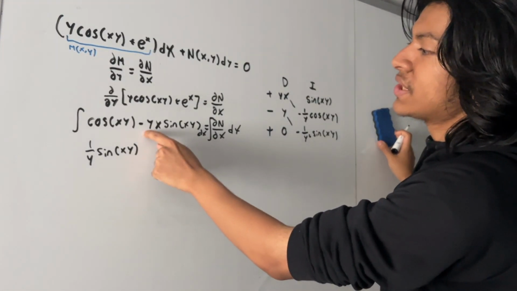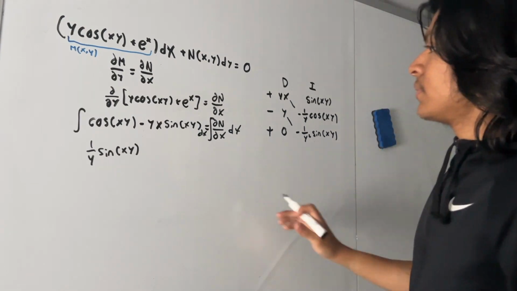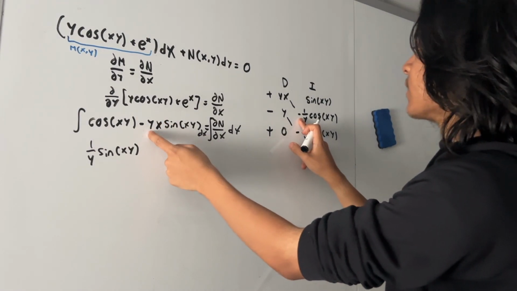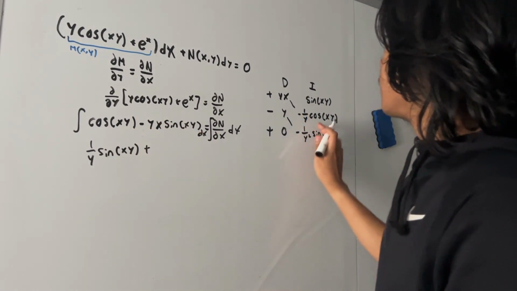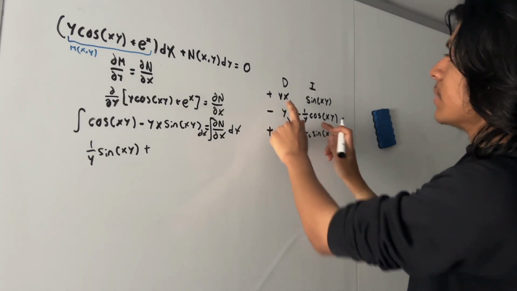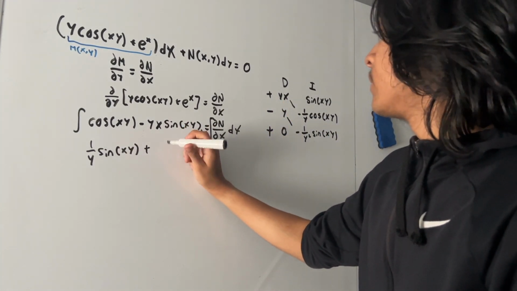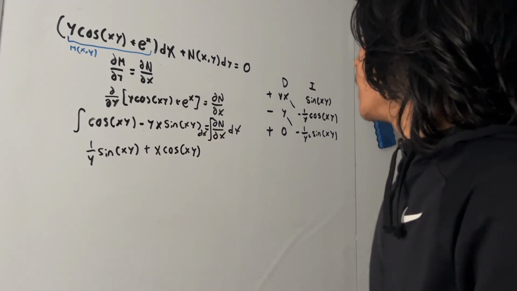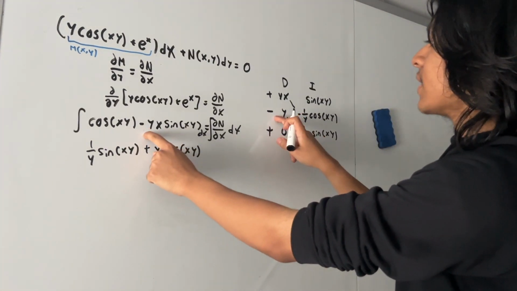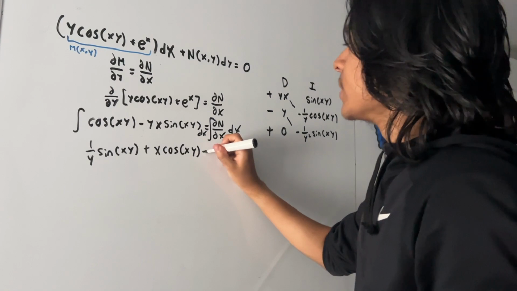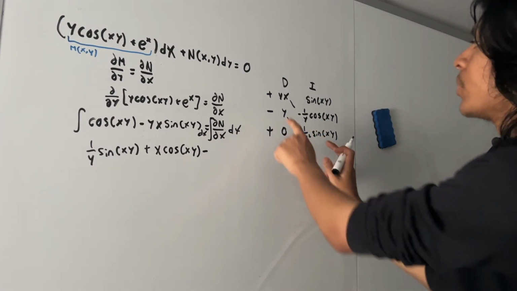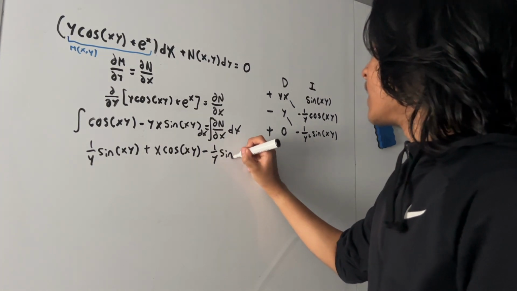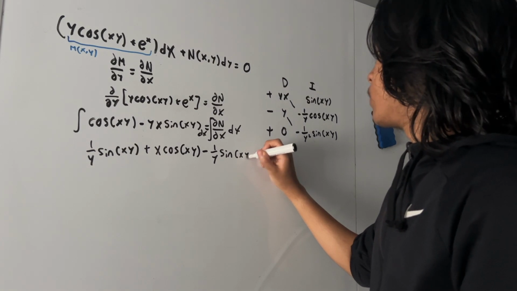Also, just because there's a negative sign here, we have to worry about a bunch of negatives. We have a negative here and a negative here, so this first part is going to be positive. The product of these two is going to be x cosine of x y. And we have a negative here, negative here, negative here, so we're still left with a negative there. And the product of these two is just going to be 1 over y sine of x y.